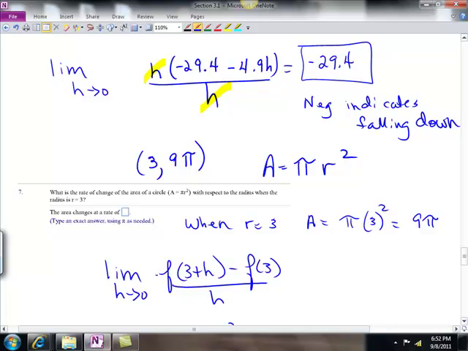Yeah, it's the a value. Because a is like a y and r is like a x.